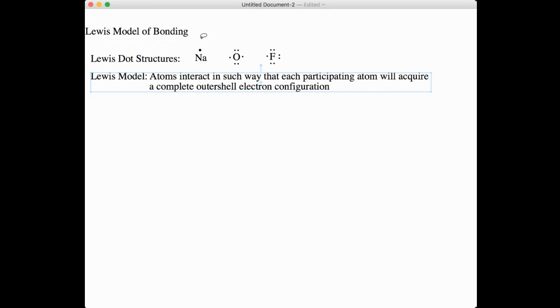Let's say you have an atom of sodium interacting with an atom of fluorine.